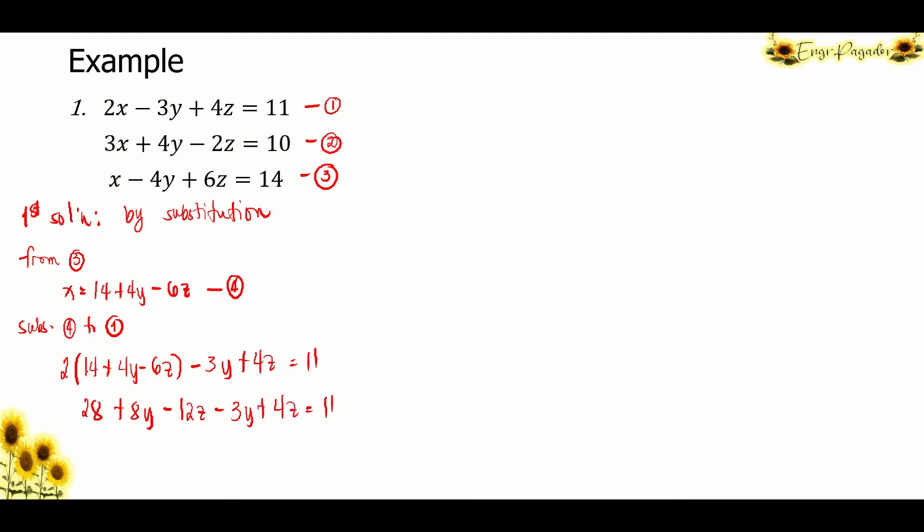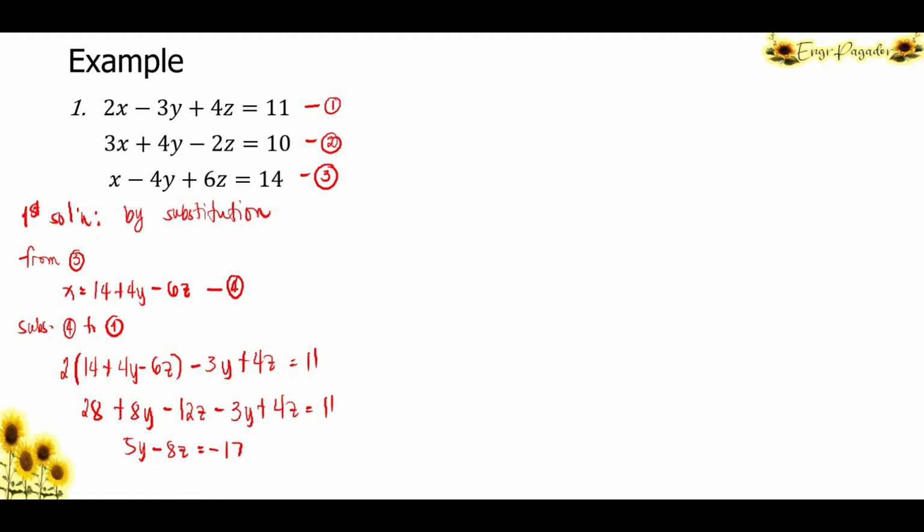So simplifying further, this will be equal to 5y, si 8y and 3y, and then si z, so that will be equal to negative 8z equal to, so si 28, i-transpose natin siya to the other side. So 11 minus 28, that is equal to negative 17. So when we do this, naka-eliminate tayo ng isang variable which is si x. So we are now left with two variables which is si y and z.